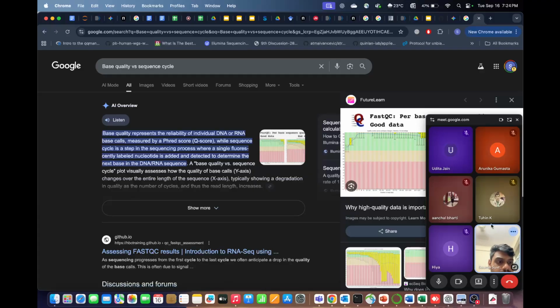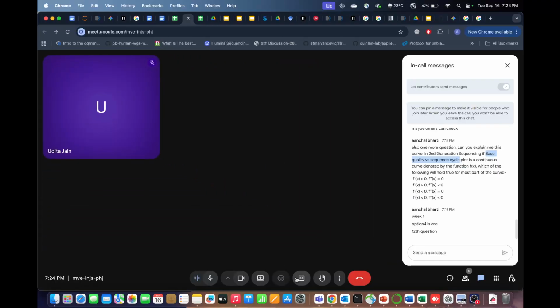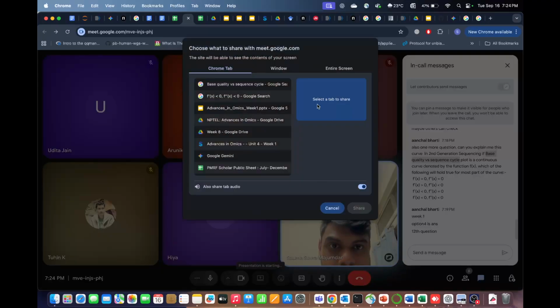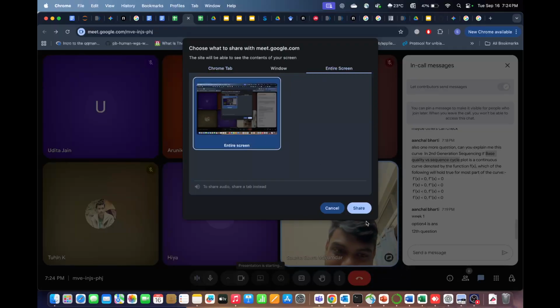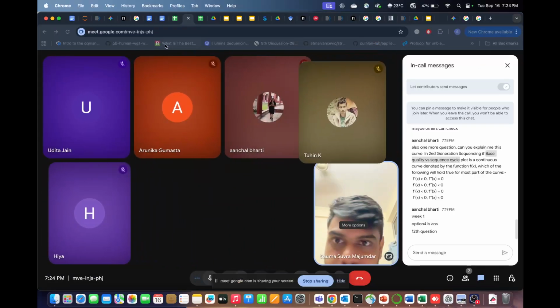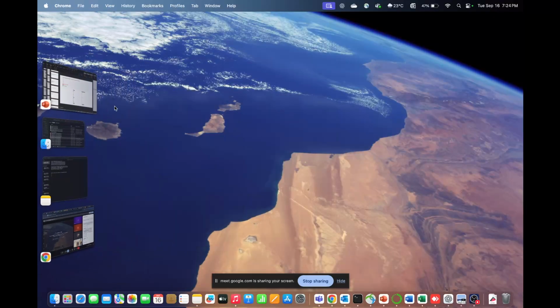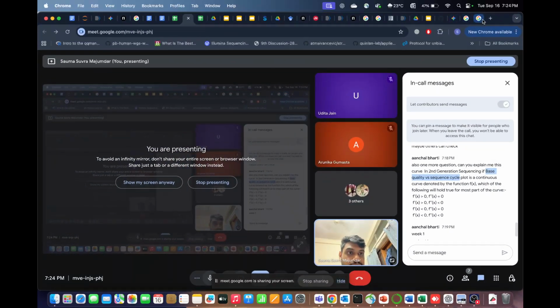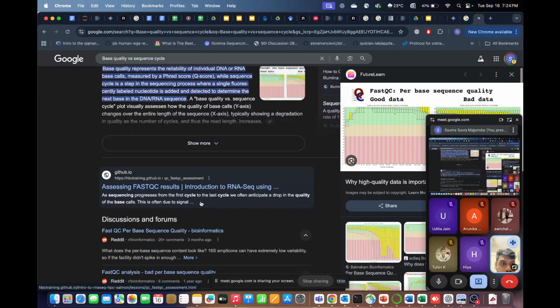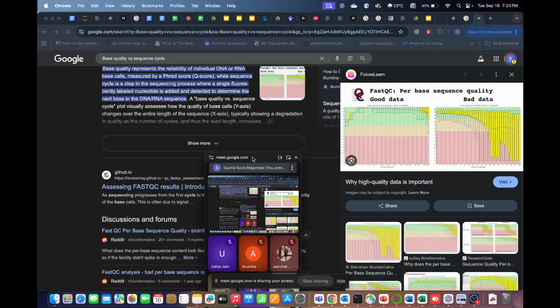Yeah, I think it is correct because if you look at the curve that happens, something like this, right? So you have an increase, most of them.